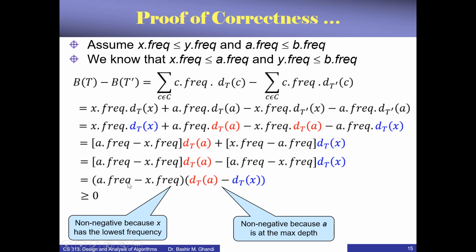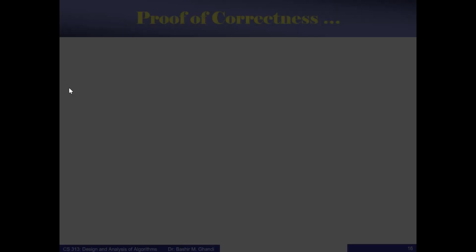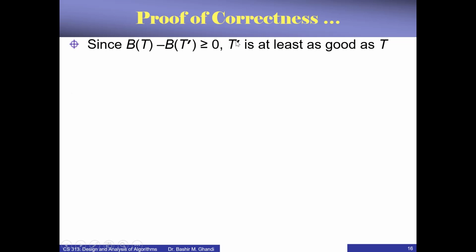So what does this mean? If we subtract the cost of our new tree from the cost of T, we're going to get greater than or equal to 0. What does that mean, given that T is minimum?